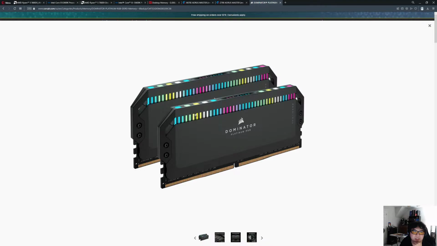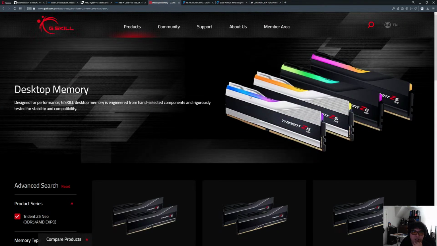Yeah, the side has them too, but what you're really going to be looking at in the build is the top of the RAM. If you like the spotlights like this, with individual squares and the logo that says Dominator, then that's good. But I personally like the more wavy look of the Trident Z5.